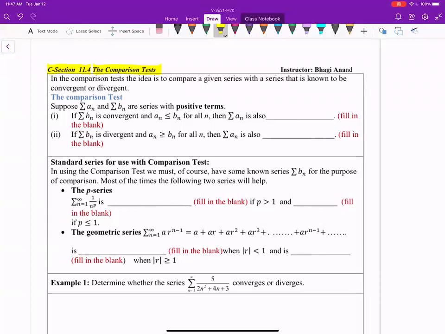We can only say it is converging or diverging, but not what the sum of the series is. We can say that using the telescoping series method, if you are able to identify a series as a telescoping series or a geometric series, then you will be able to say what the sum of the series is.